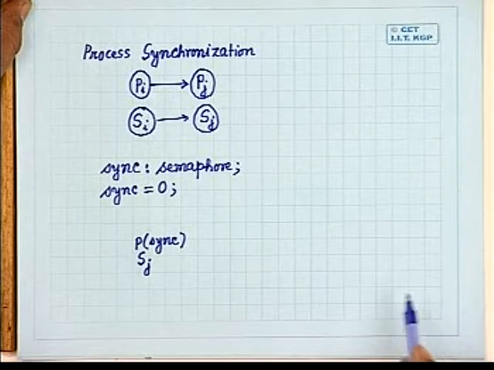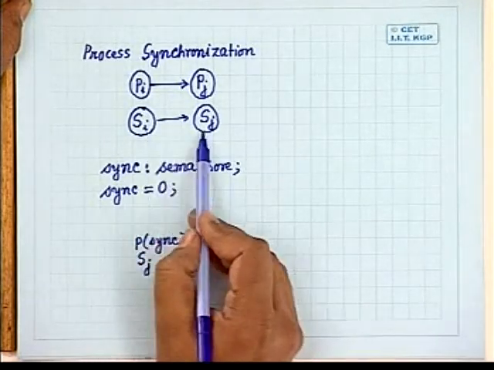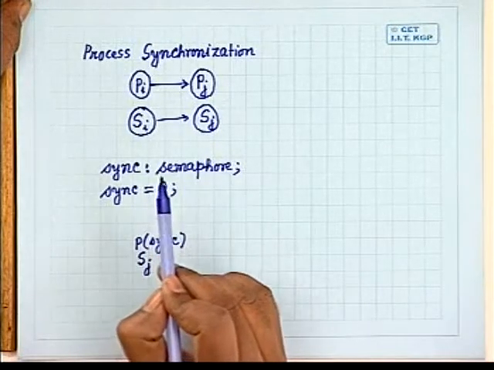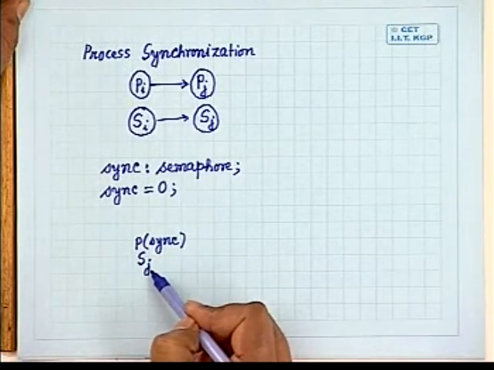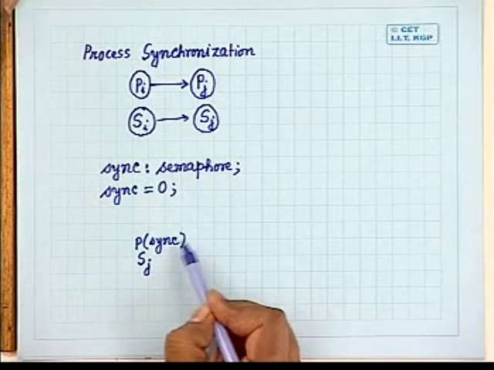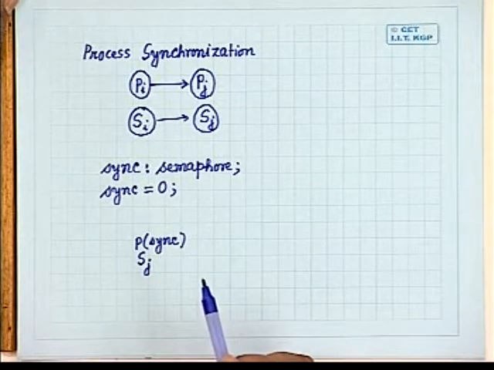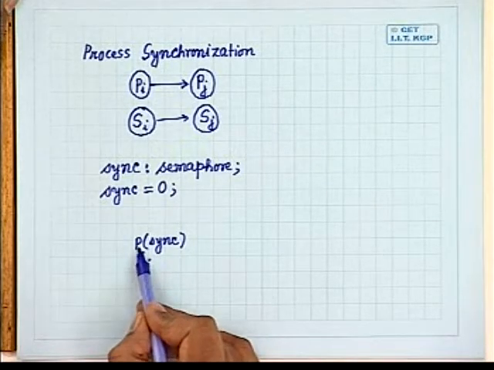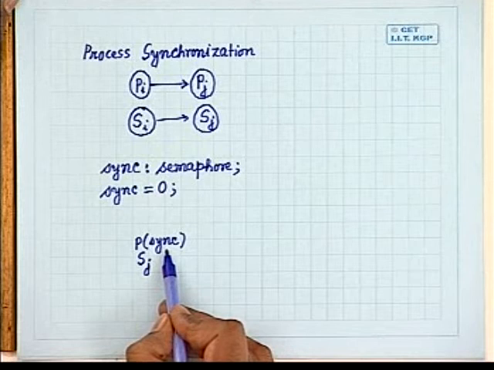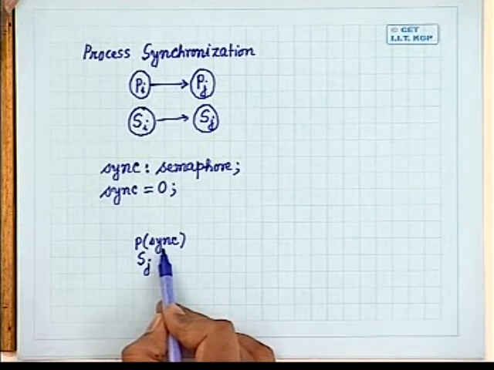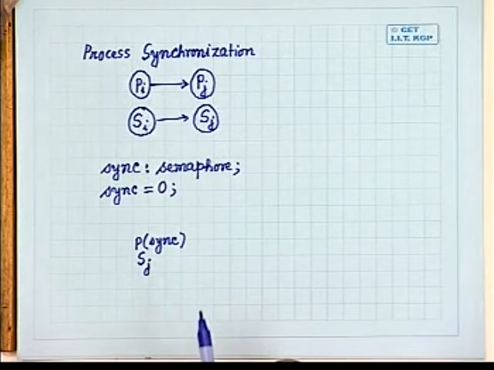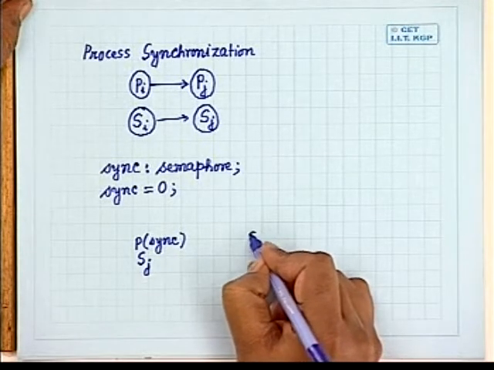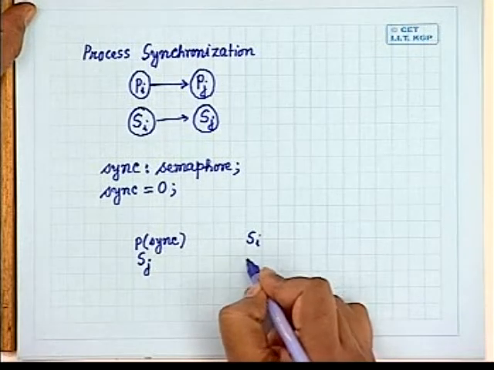So even if Si and Sj are to be executed by two concurrent processes, Sj cannot be executed until and unless the value of sync becomes greater than 0. So before execution of Sj, I put statement P(sync). Sync can be made greater than 0 only by a V(sync) operation. So my sequence will be, I will first put Si and then V(sync).